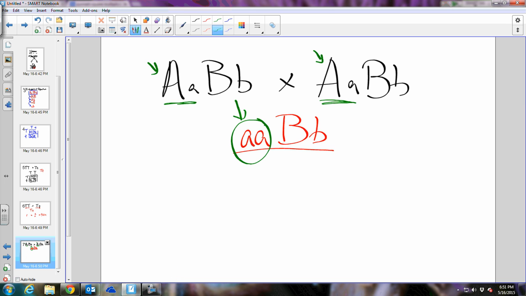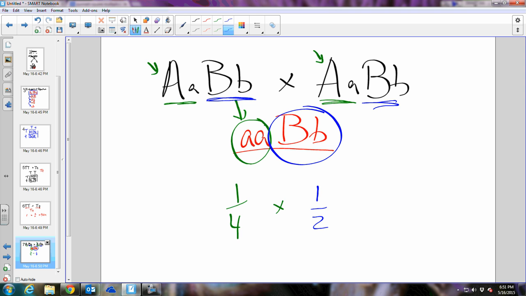So we'll come here, we'll put 1/4. Well, what's the chance that this and this will make this? And again, we could do our Punnett square, but we would find out that the chance is 1/2, or 1 and 2. And so now we just multiply those together, and we see that it's a 1 in 8 chance, or what would that be percent-wise? It'd be like 12.5%. Let's do another one.